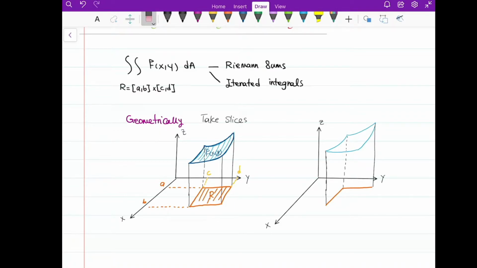Let me make it a little better so that we actually see what's going on. This is a and b, this is c and d. So let me move y in here. We have some space. There you go. c, d. Okay, now I'm gonna take slices.